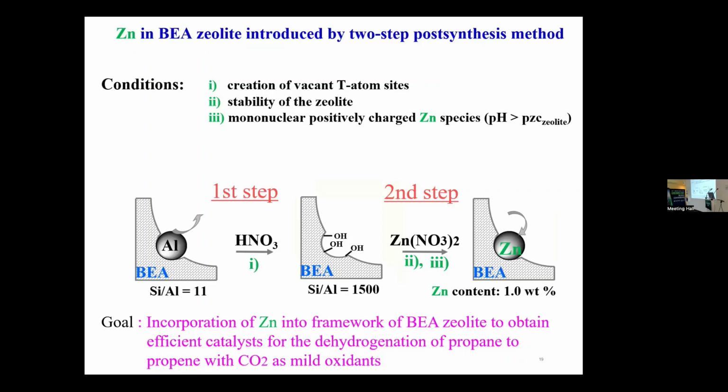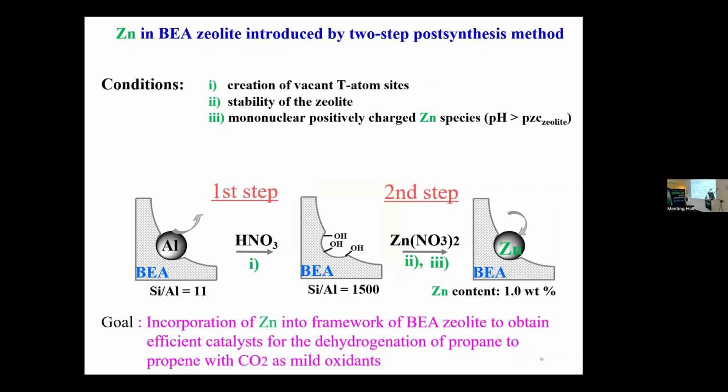In the second step, we contact the zinc precursor with the OH groups of the Al-beta. In this case, you see that we have Si/Al up to 1,500. It means that in this zeolite there is no aluminum.